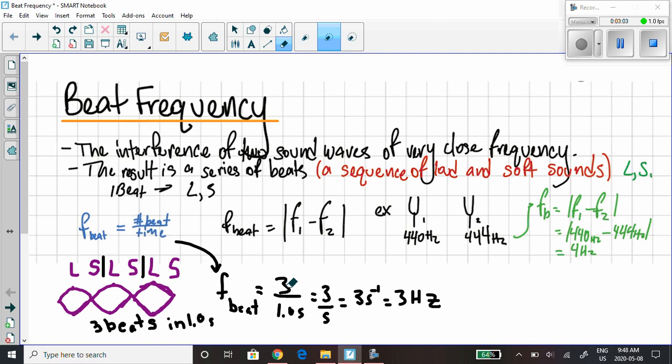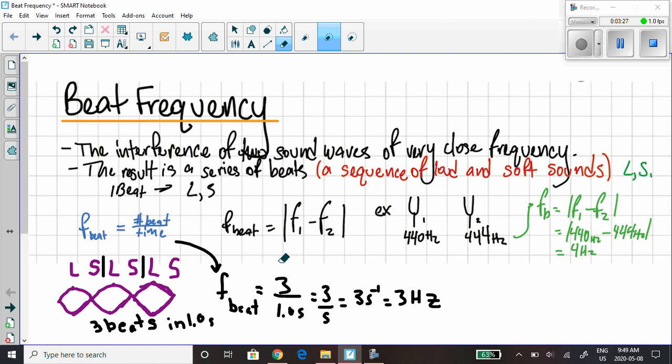I don't mean the kind of beets you eat. How much time did it take? 1 second. So that is equal to 3 over a second, or 3 times inverse seconds. But we know that inverse seconds, from a long time ago, that's 3 hertz. So if you ever are given two tuning forks of slightly different frequencies, you could measure the beat frequency that is produced by the two of them. So that's kind of cool.